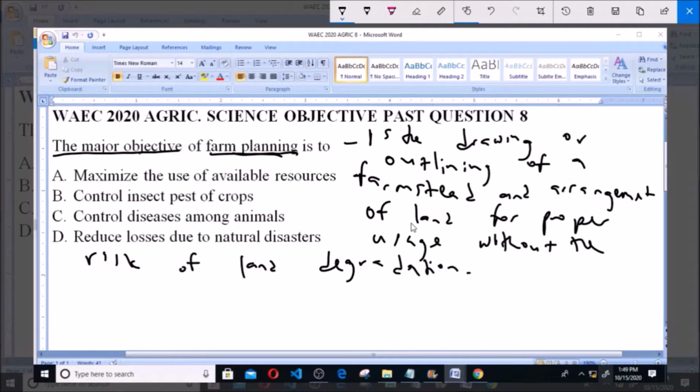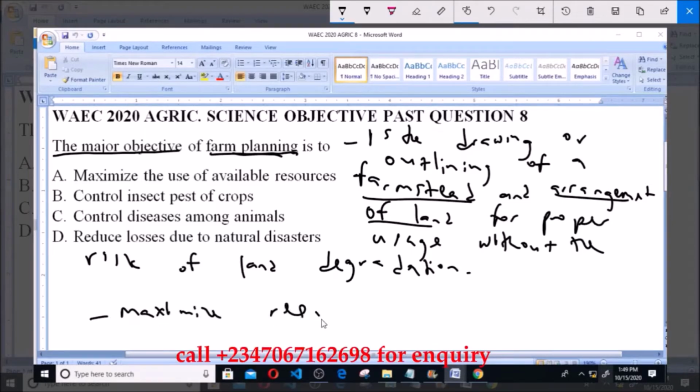So in other words, what you are trying to do here is to clearly outline the plan of the arrangement of land for whatever purposes or for the farmstead, and this is done so as to maximize the resources you have available already on the land, such that it suits whatever purpose you want to perform or whatever you want to do on the farmstead.